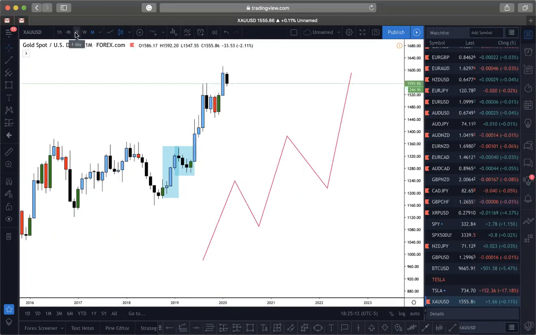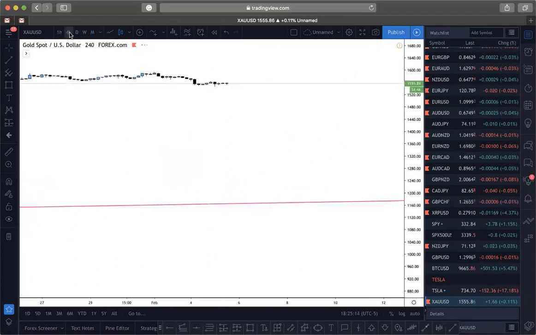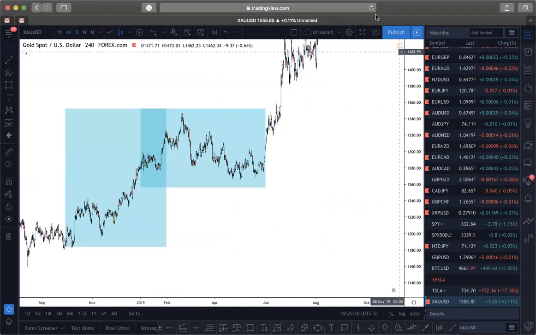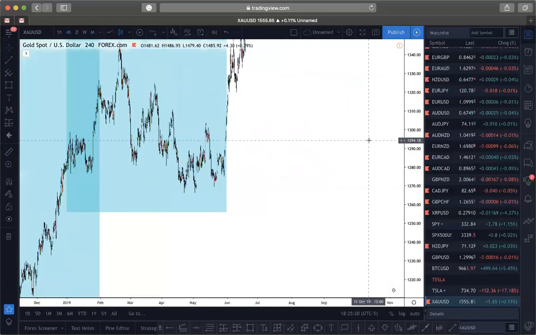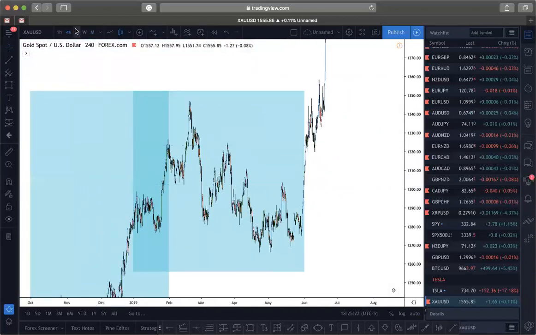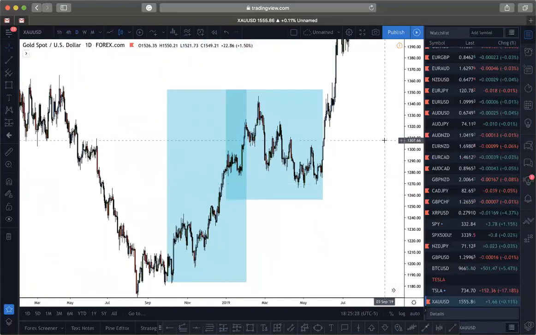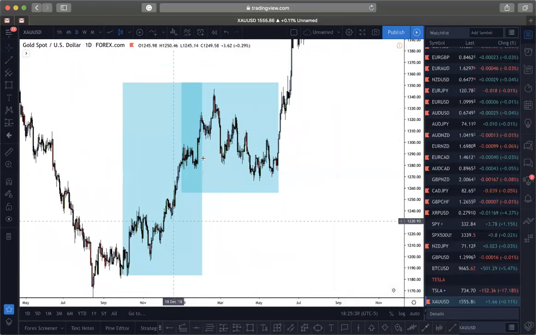However, if we drop down to the daily or the 4 hour, right, that pullback on the monthly could be a downtrend. That's why I said different time frames have different trends. So a simple leg back or a simple pullback on the monthly time frame would be a downtrend on the lower time frame, right?